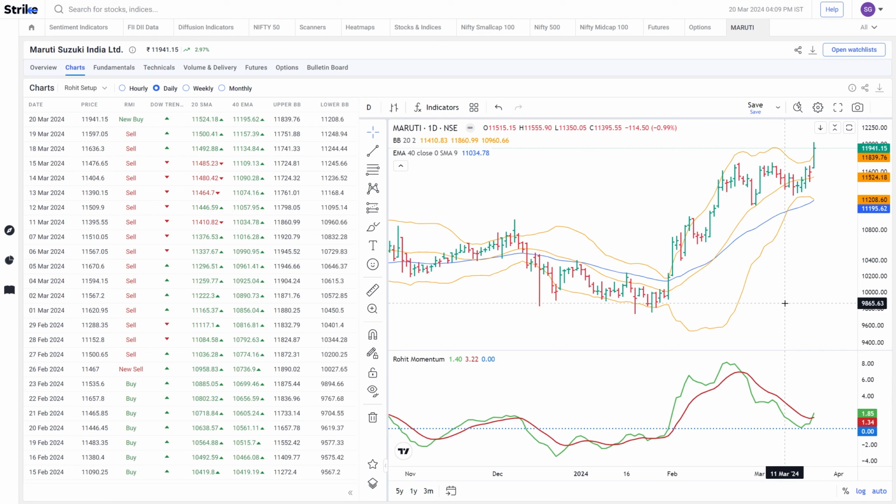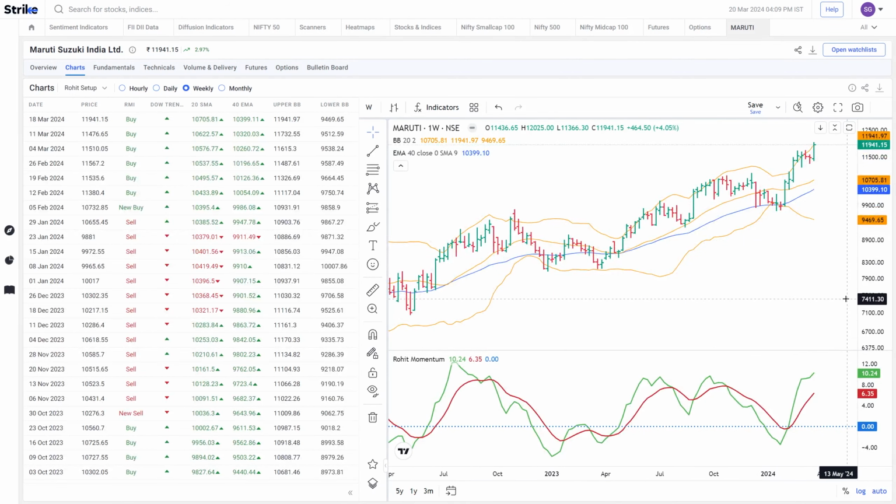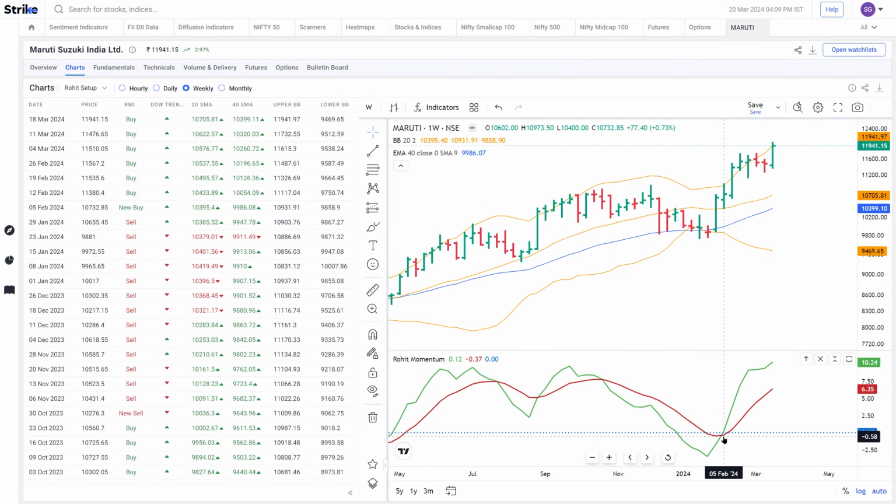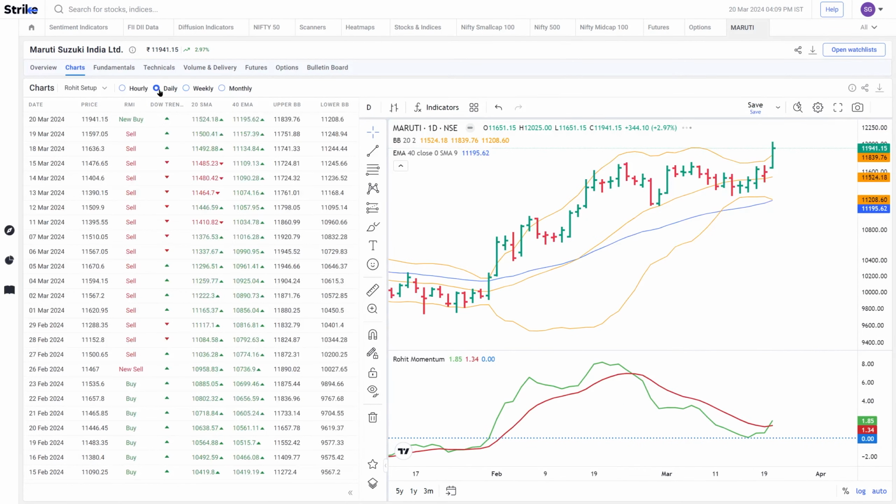I'm simply showing how to look for relative strength in any kind of market to filter down your list of focus stocks. If we have to look deeper into this stock, let's look into the weekly setup as well. On the weekly also, it has been in bullish mode since the beginning of February, and the cycle has not yet got over.